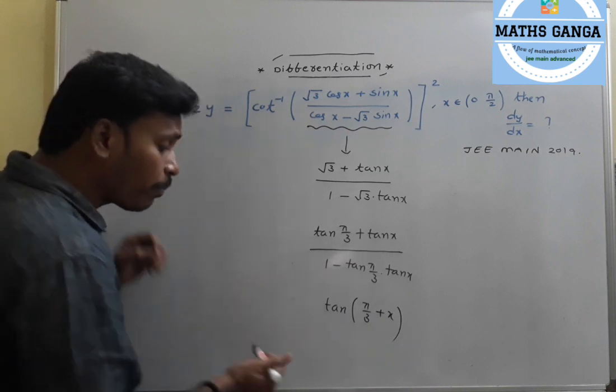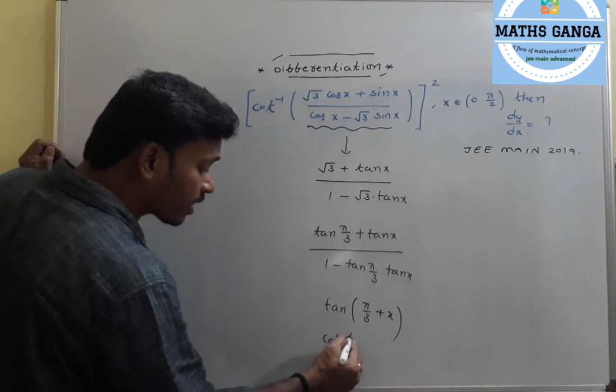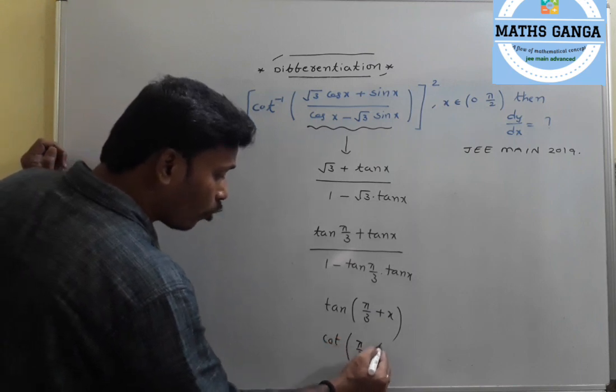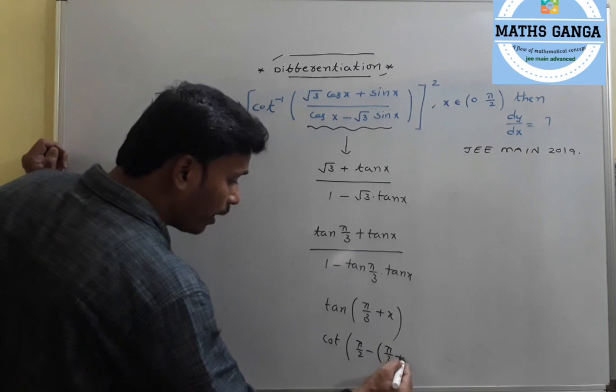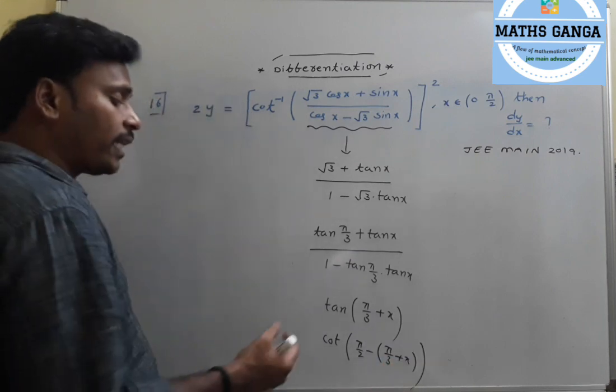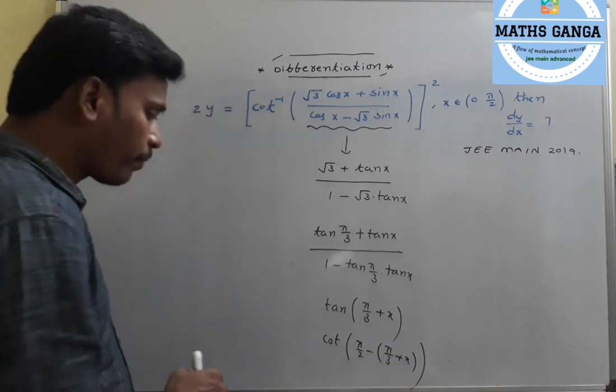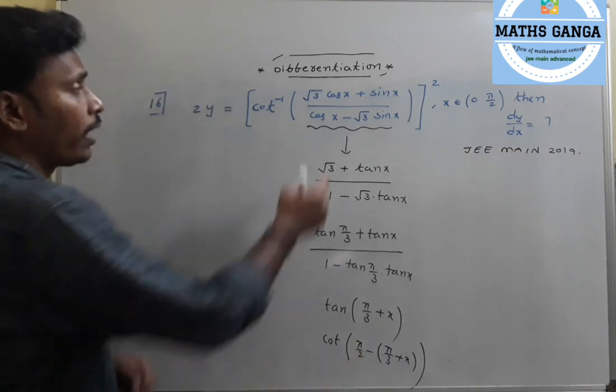Tan of pi by 3 plus x also can be written as cot of pi by 2 minus (pi by 3 plus x), since tan theta is cot of 90 minus theta. Now try to simplify this and replace here.